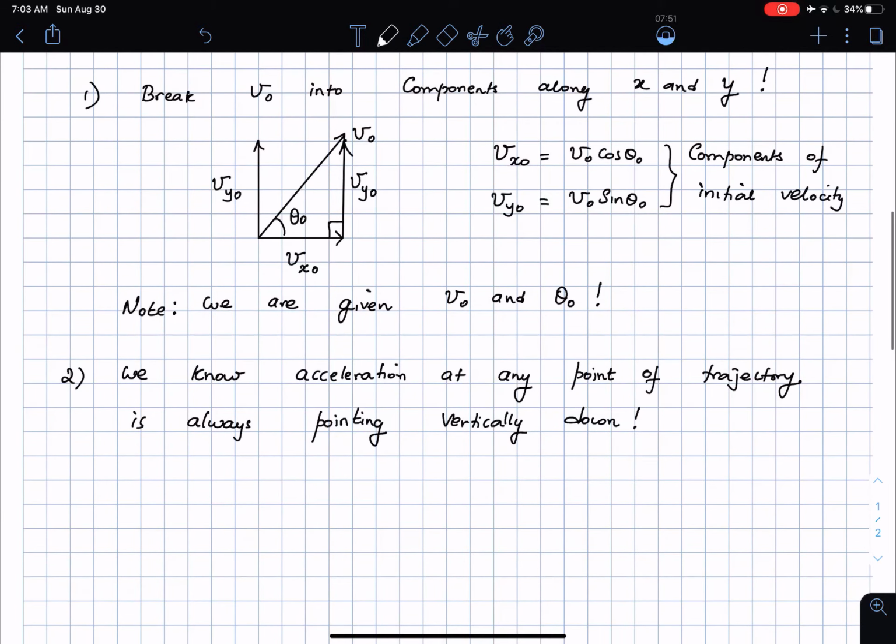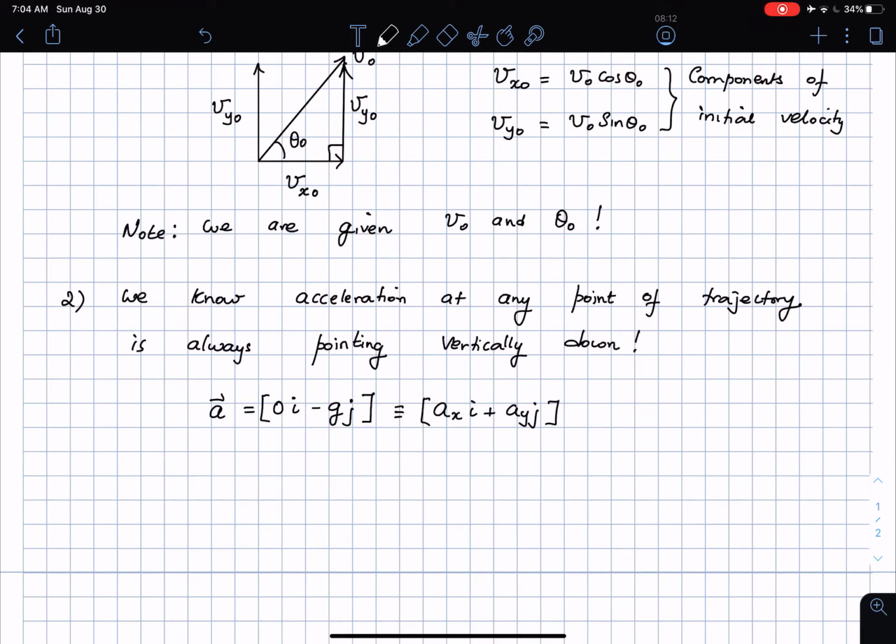Which means that if I write the acceleration vector, it is not going to have a component in the x direction at all, and it's going to have a component in the y direction pointing vertically down. If I compare this with the expression axi plus ayj, it is quite obvious that by comparison ax is equal to 0 and ay is equal to minus g.